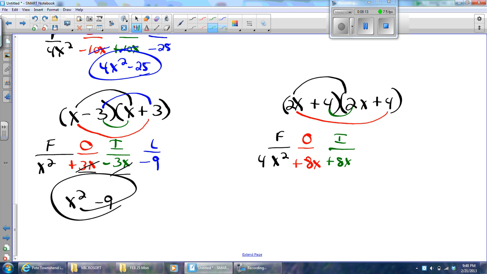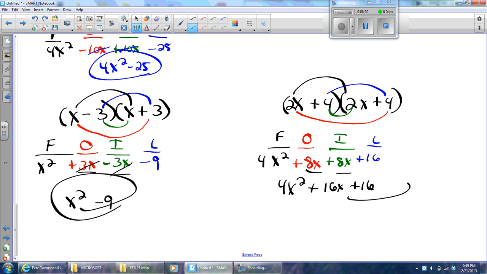And then my lasts, which are going to get me 16. So, 4x squared plus 16x plus 16. And there you go. That's foiling.